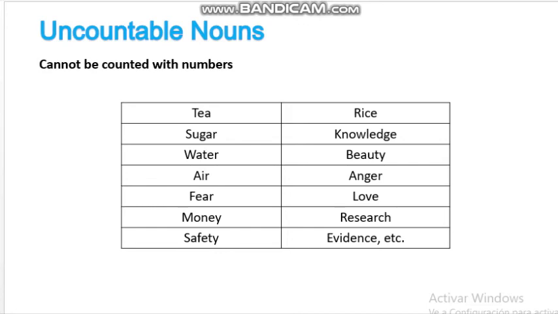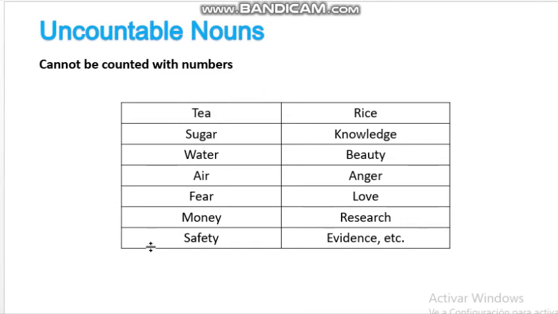Now we are going to see uncountable nouns. Okay, the uncountable nouns are for the things that we cannot count with numbers. We don't use numbers because they are too small or without a shape, for example liquids, powders, gases, etc. Uncountable nouns are used with a singular verb and usually don't have a plural form.